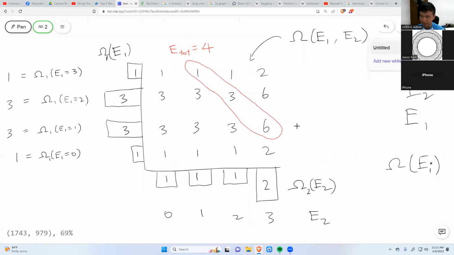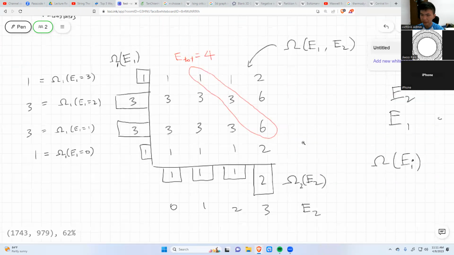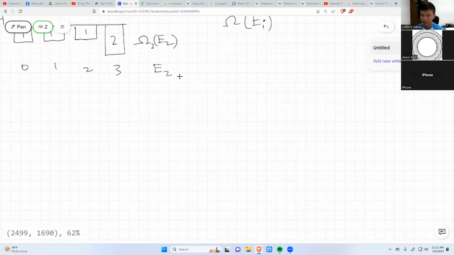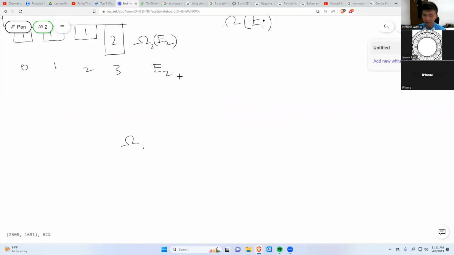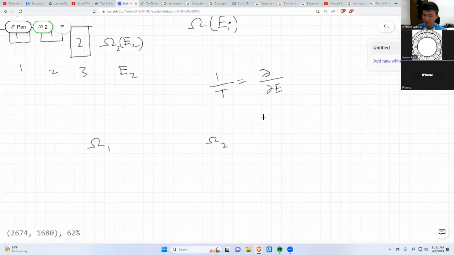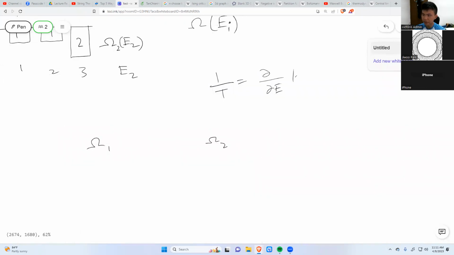Essentially, what we're doing when we connect something to a thermal bath is we're connecting a system, let's say omega one, to another system, omega two. Temperature is defined as 1/T equals the derivative of entropy with respect to energy, but entropy is k ln omega, right?